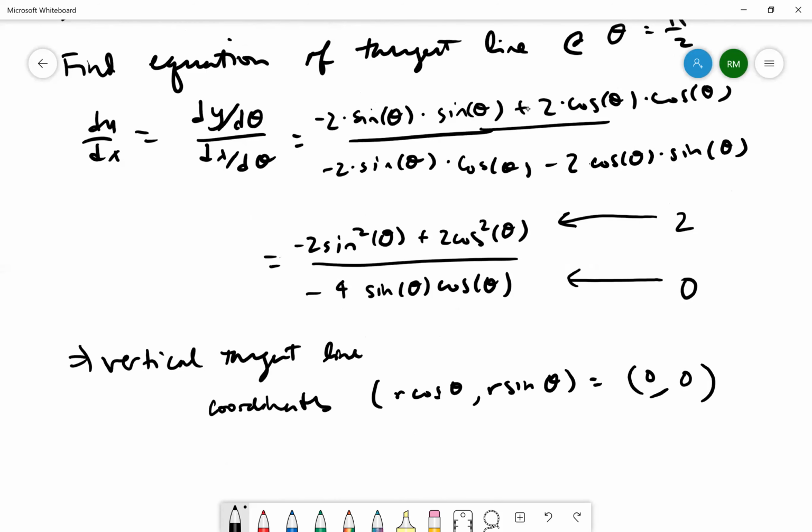So that means that my tangent line is just x equals 0 because it's vertical.